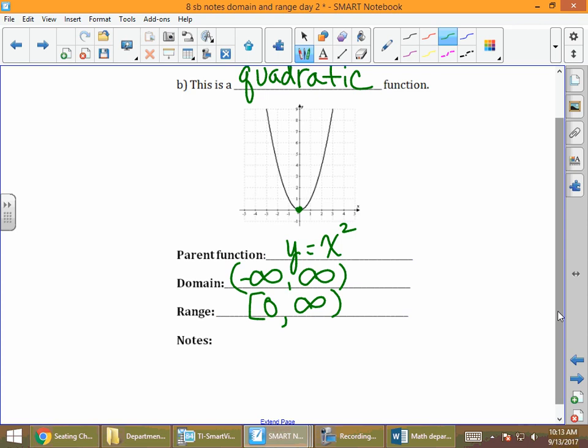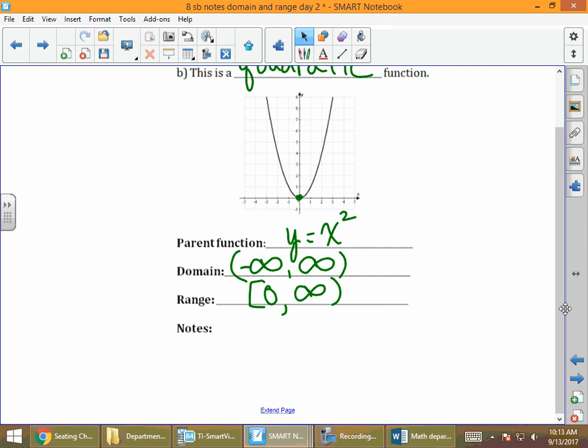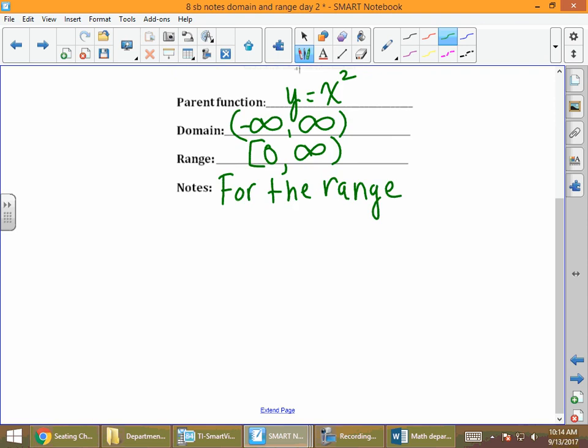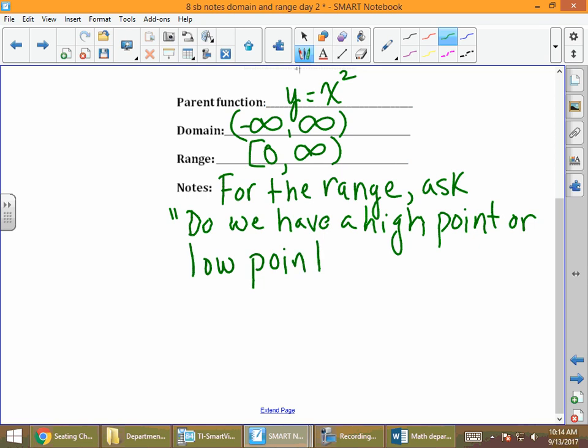In terms of notes, what I wrote down in my notes, and again, these might be good notes for you and they might not be good notes for you, but for the range, ask, do we have a high point or low point on the graph?